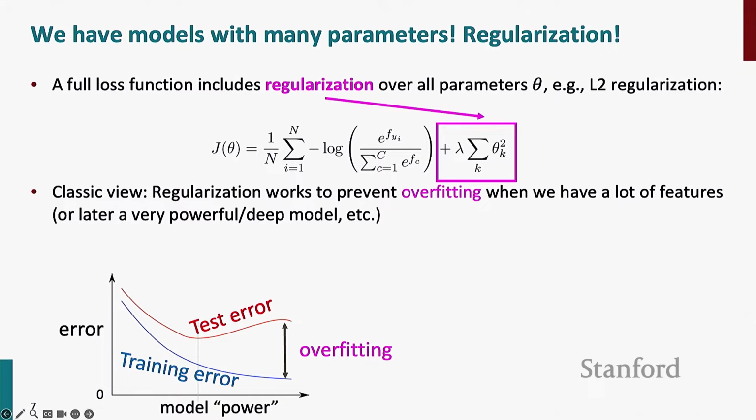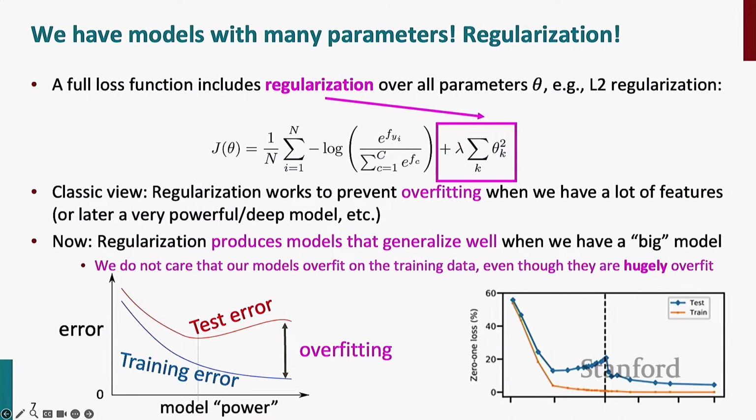This is not a picture that modern neural network people believe at all. Instead, the picture has changed like this. We don't believe that overfitting exists anymore, but what we are concerned about is models that will generalize well to different data.